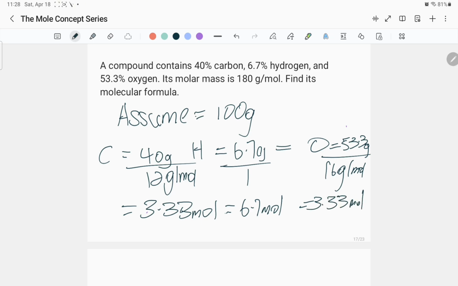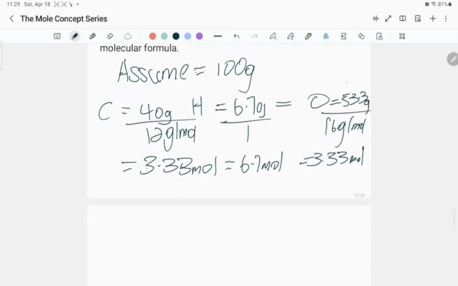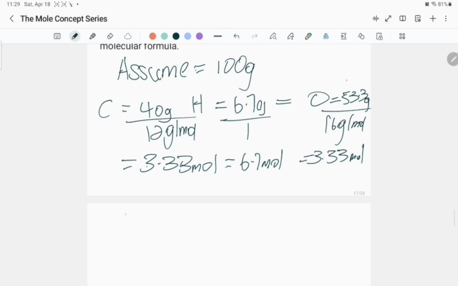So now that we have the number of moles of each of the individual atoms, we could then take the smallest moles out of the three and divide it throughout, because remember, we want to find the smallest mole ratio possible. Alright, so it will make sense if we take the smallest number of moles and divide it throughout, and that will be 3.33.